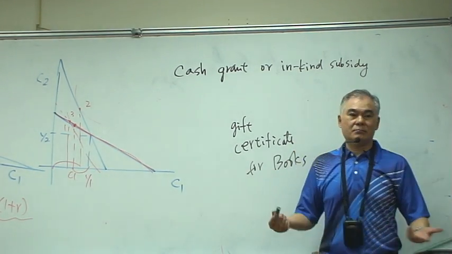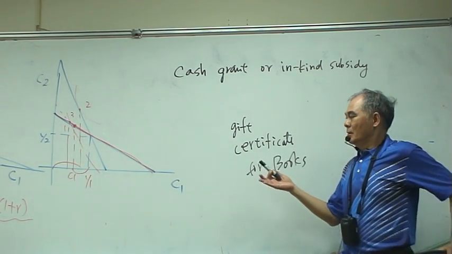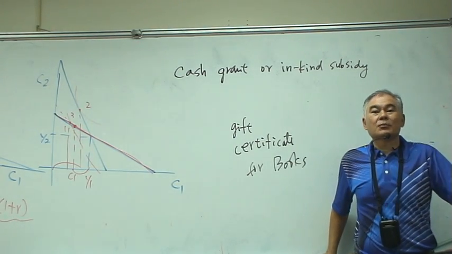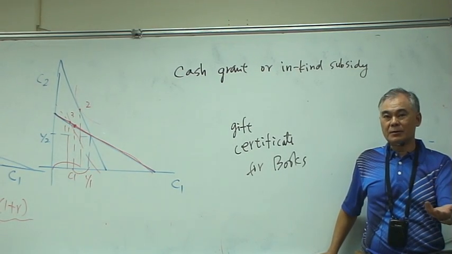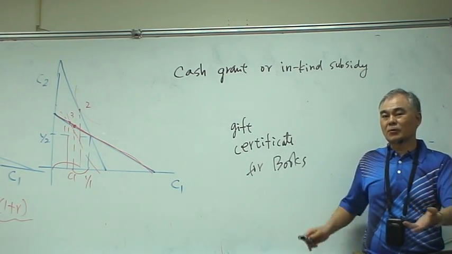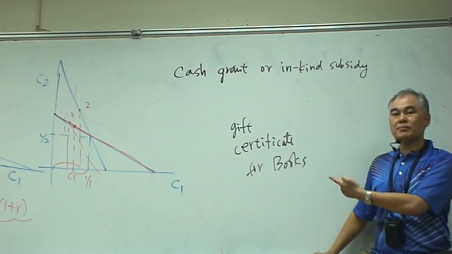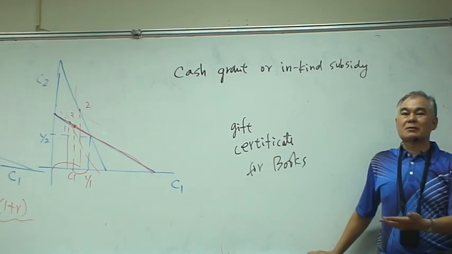If you get cash, that's easy, right? But suppose you get a certificate for books. So what does that mean? You get sort of something like money, but can you buy food? Can you buy gasoline for your motorbike? No, you have to use it to pay for books. Of course, there must be a reason for that.